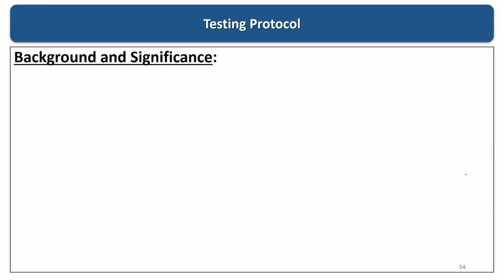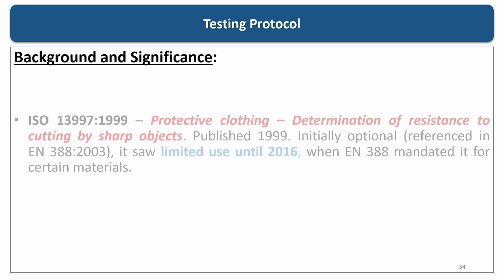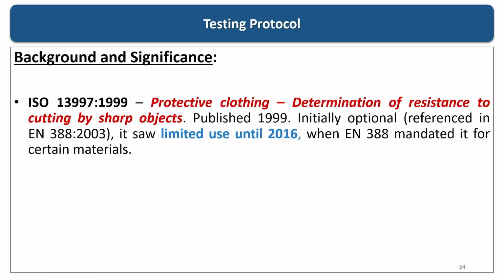Now, let us try to understand the testing protocols, and first the background and significance we will discuss. For the ISO method, it is basically for protective clothing, determination of resistance to cutting by sharp object, which was published in 1999.